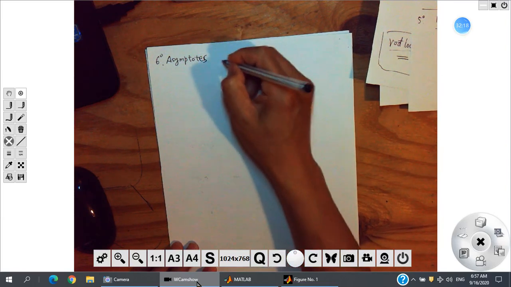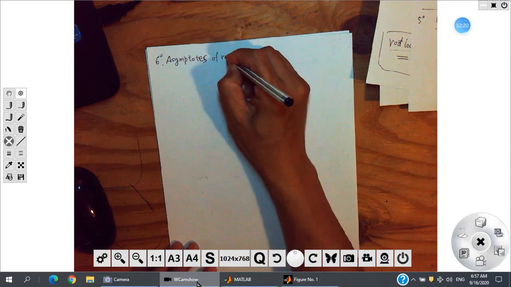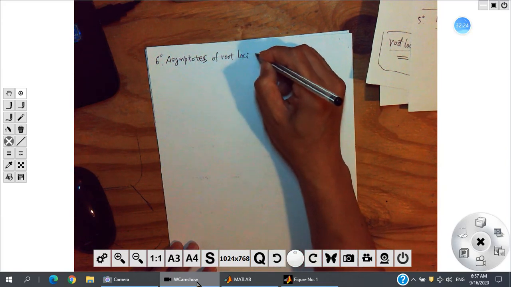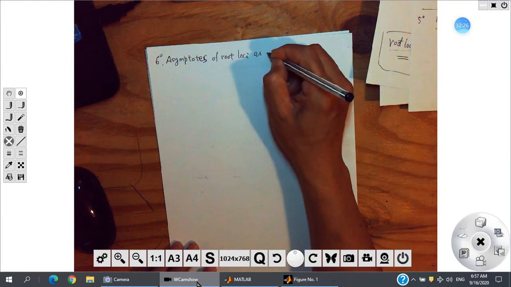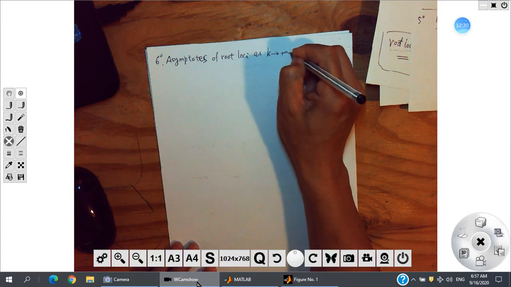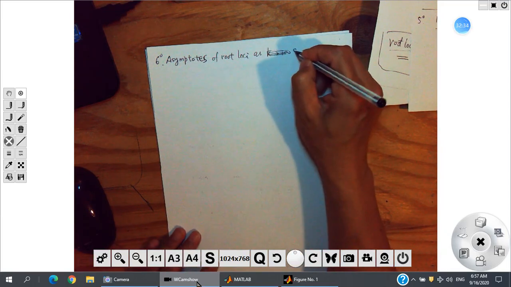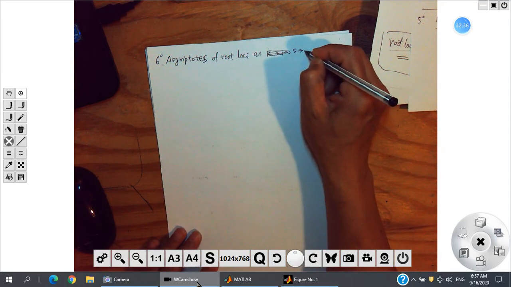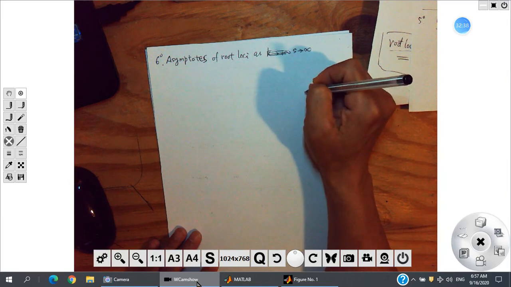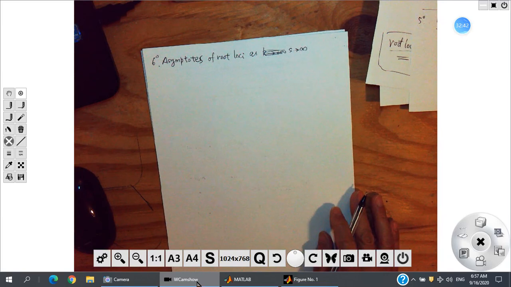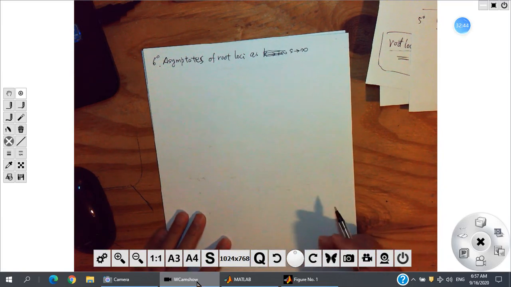Asymptotes of the locus, as s goes to infinity.